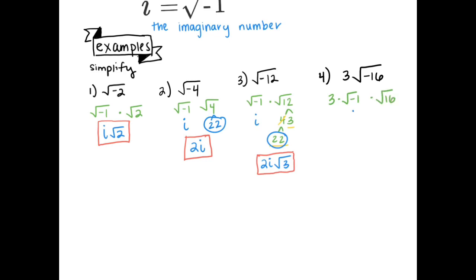I know that the square root of negative 1 is i, so I'm going to drop that down. And now I need to factor tree 16. 16 is 4 and 4, and I already see those pairs, so I know that's a pair. But I'm going to remember that I have the 3 on the outside, which is also a pair. So I multiply 3 and 4 together, which gave me the 12. And since 12 is an integer, the i goes behind it. So we've got 12i.